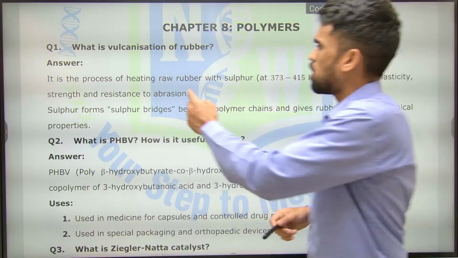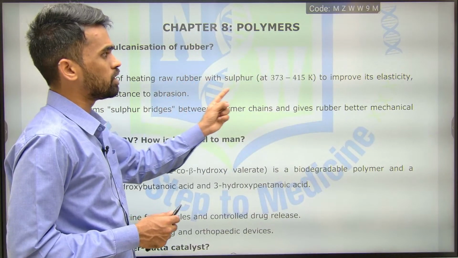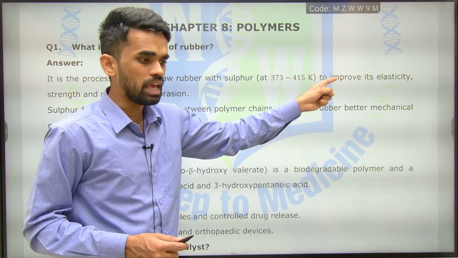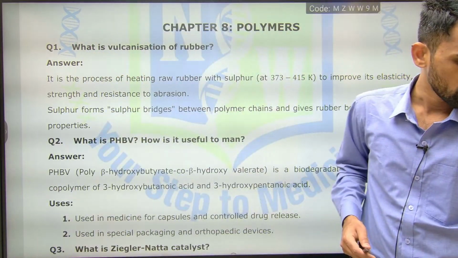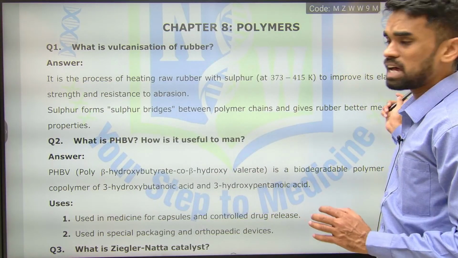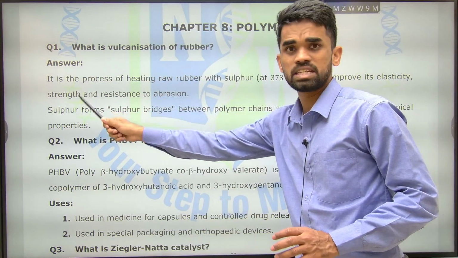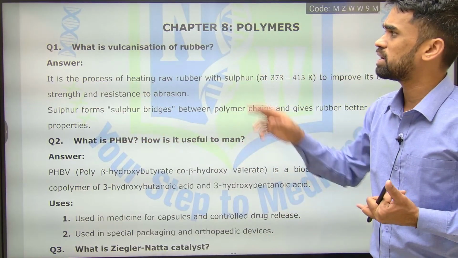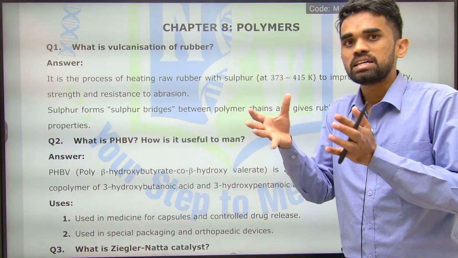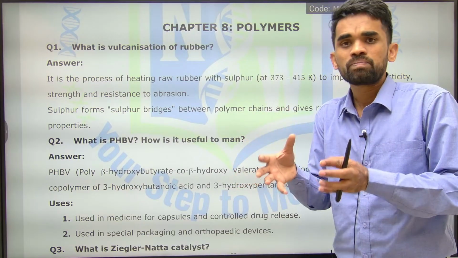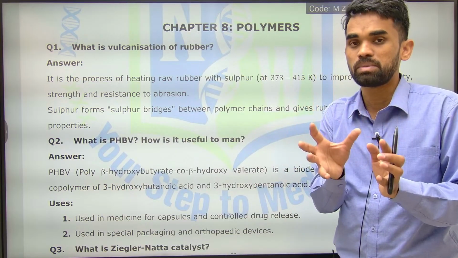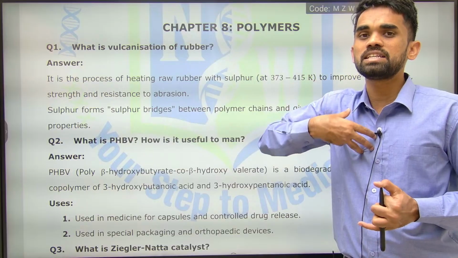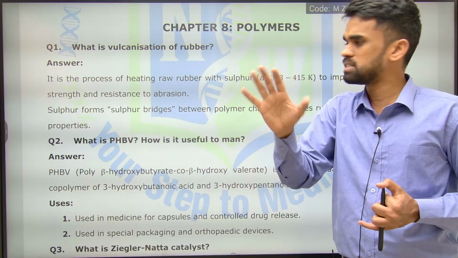It is heated at 373 Kelvin to 415 Kelvin to increase elasticity, elastic strength and resistance to abrasion. These are the things we can do with the vulcanization of rubber, that is, heating rubber with sulfur. Just remember it. When we heat rubber with sulfur, its elastic strength increases.